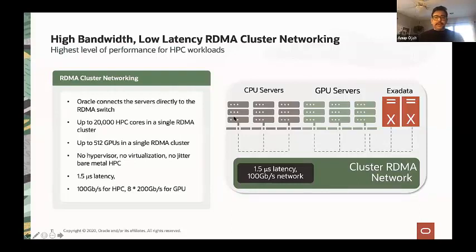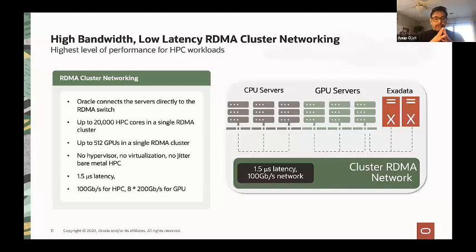In case of the CPUs, we can deploy as big as 20,000 cores, and these are physical cores, not virtual cores. That's how Oracle deploys our compute instances. We can combine all of this CPU and make one cluster. That's what we call cluster networking. And between every 2 nodes, we just have 1.5 microsecond latency. This is what you need as a customer.